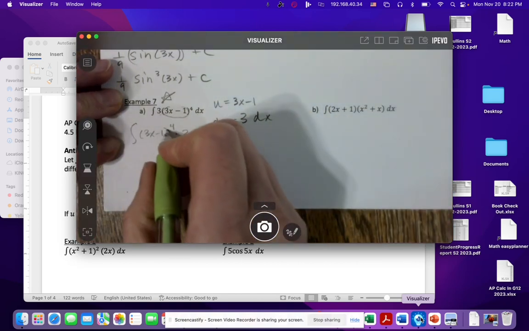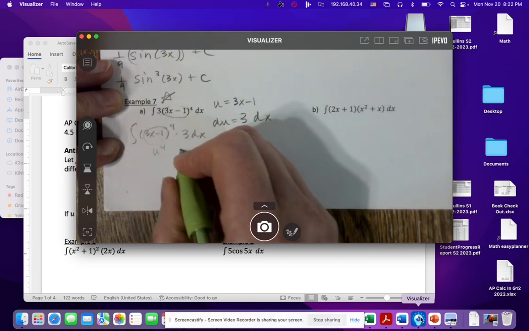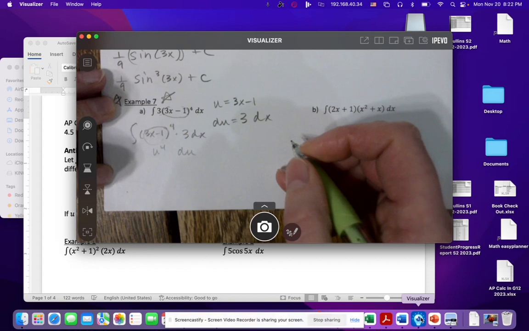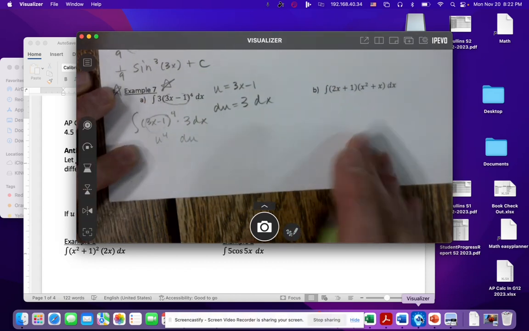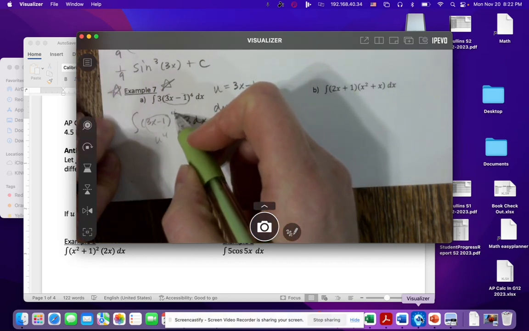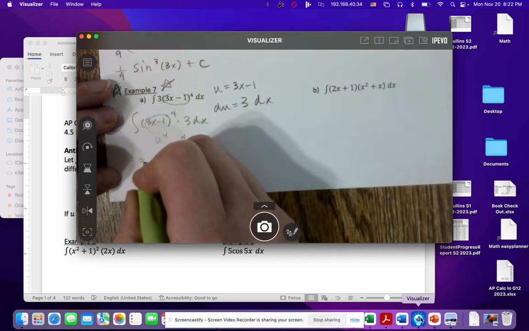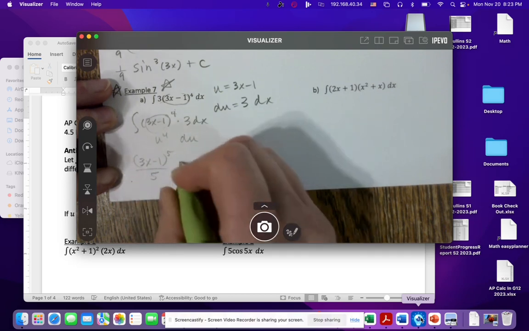I can see that this is all u being raised to the 4th power. Here's my du over here. Sometimes you make some notes underneath, but you don't really do that u substitution. So I need to take this part, raise to the 5th power, and divide by 5. So we're going to end up with 3x minus 1 to the 5th over 5 plus c.